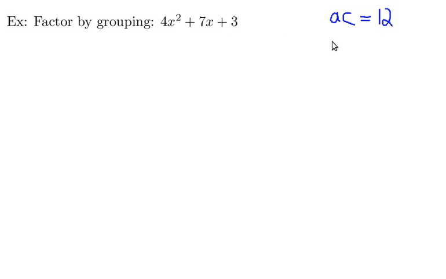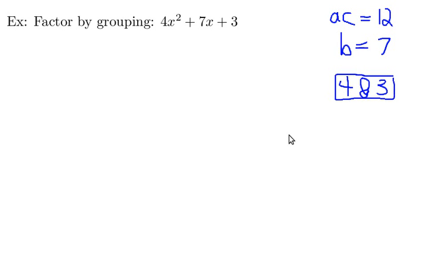So A times C in this case is going to be 12, because you have 4 times 3 is 12. And then B is going to equal 7. So we want to find two numbers that when you multiply together make 12, and when you add make 7. Well, that's really not that hard at all. 4 and 3 look like they're going to be our culprits.